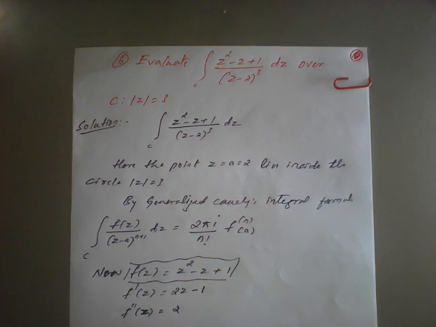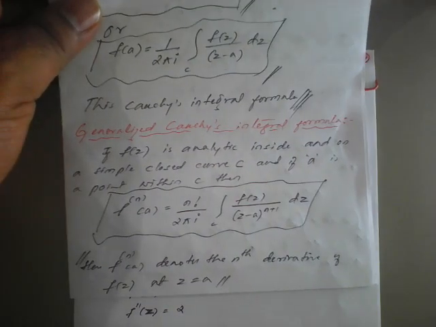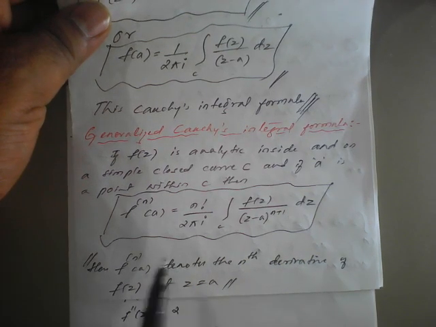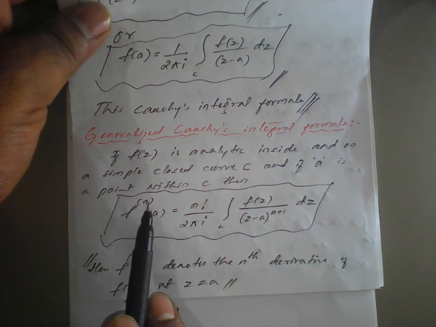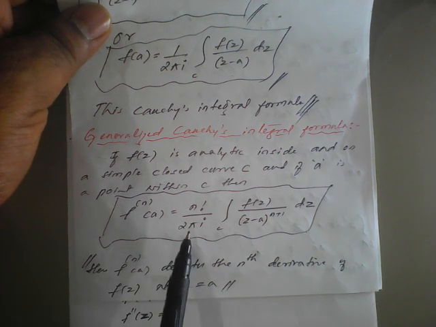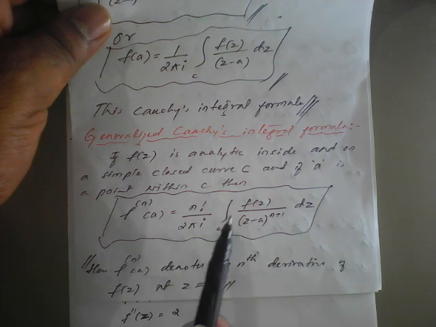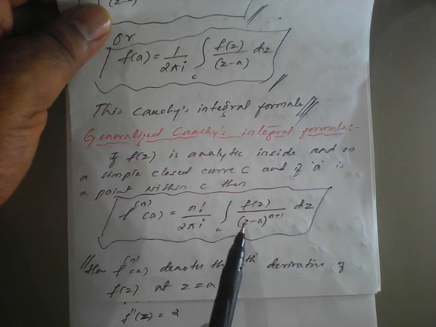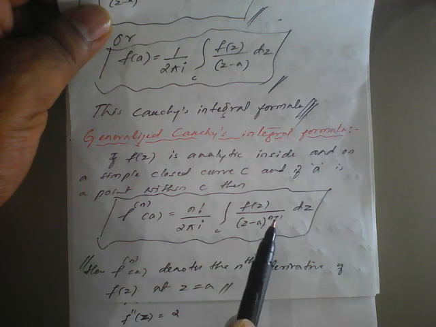To remember, in the previous class I had given the generalized Cauchy's integral formula, that is, f raised to n of a is equal to n factorial divided by 2 pi i integration of f of z divided by z minus a raised to n plus 1.